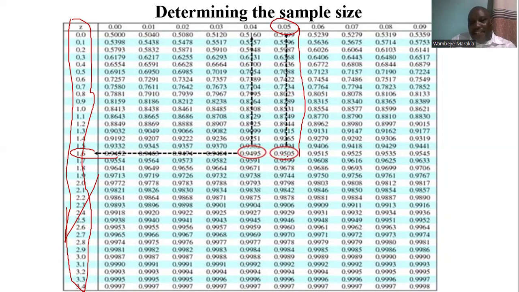And this value here corresponds to our value of 95%. 95% is this value here, 0.95. So when you multiply by 100, it will be 95%.